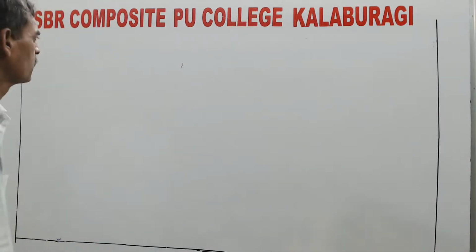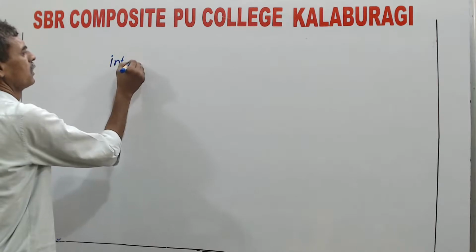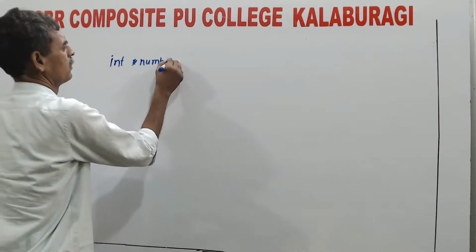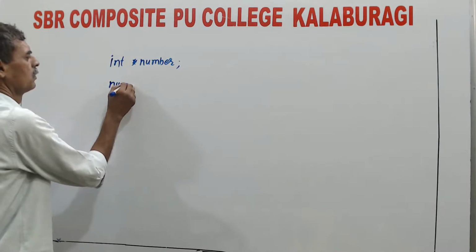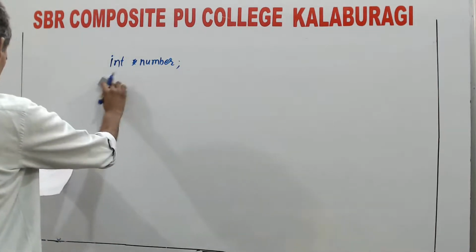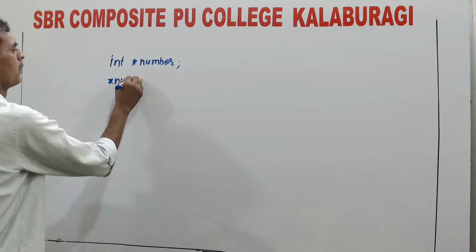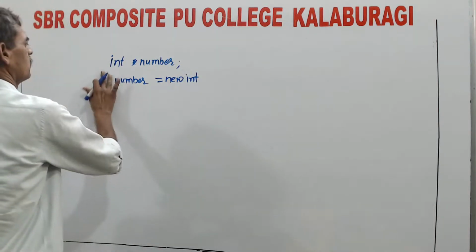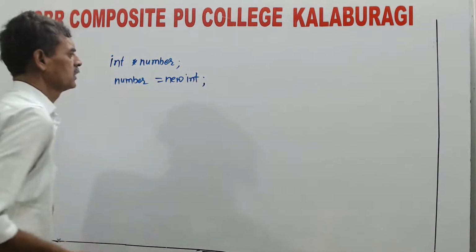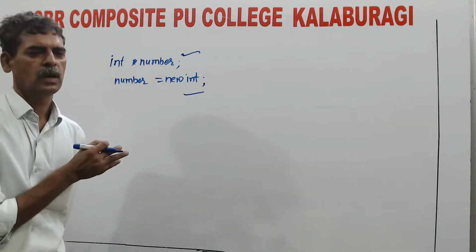The example: int star number is equal to new int. This is pointer declaration, and this is memory allocation. So this is how the new operator is used to allocate the memory.